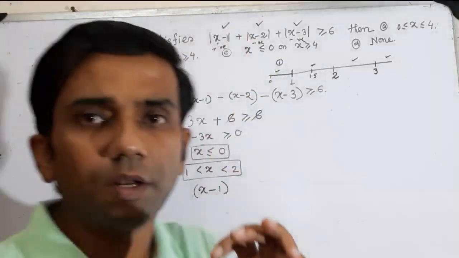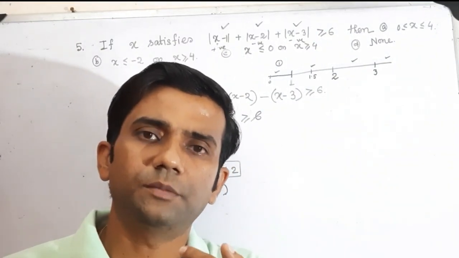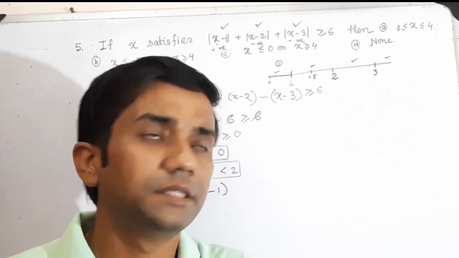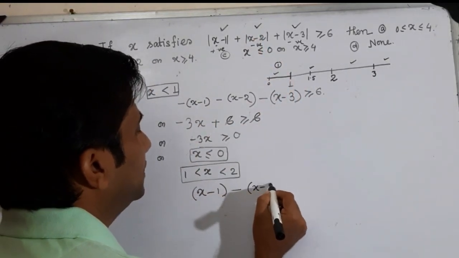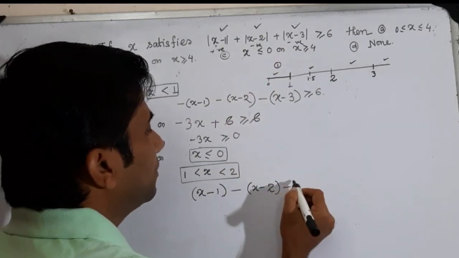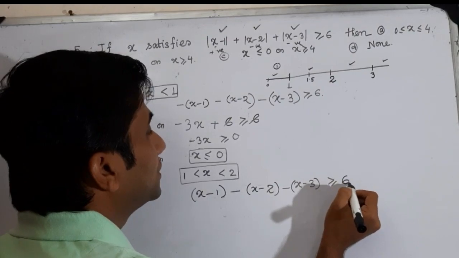If you take 1.5 minus 2, that means negative, so this becomes minus of x minus 2. This is also minus of x minus 3, greater or equal to 6.